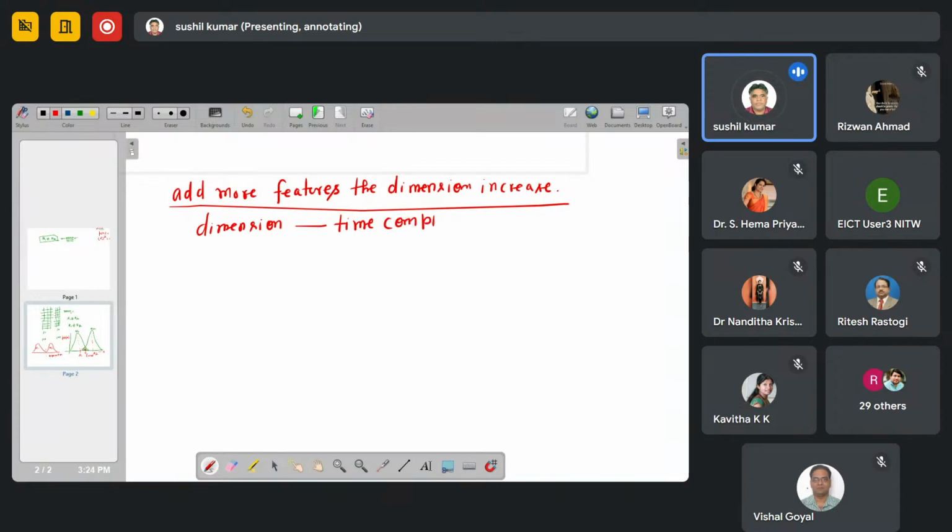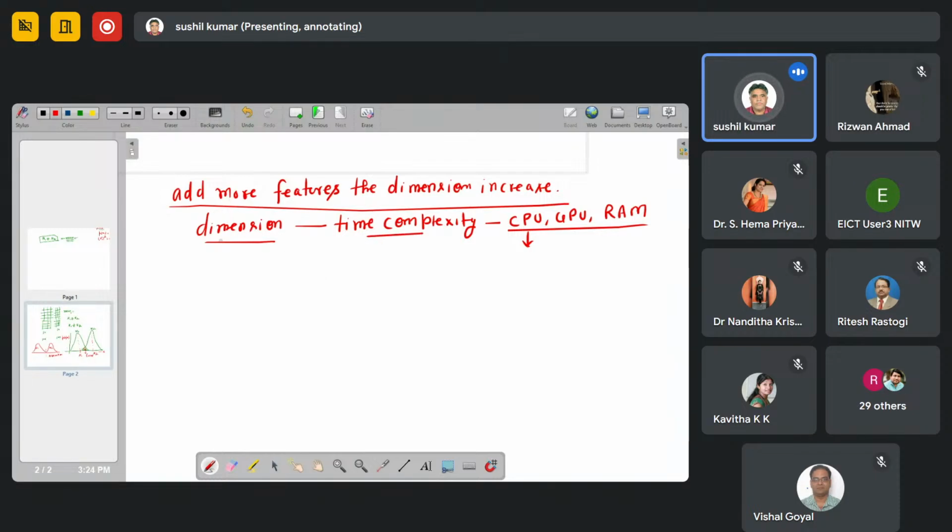Time complexity means the power, the CPU, the GPU, the RAM required for computation will increase. And you also cannot increase dimensions infinitely, because then the computational power required will make it impossible to calculate. So that is also a part here.